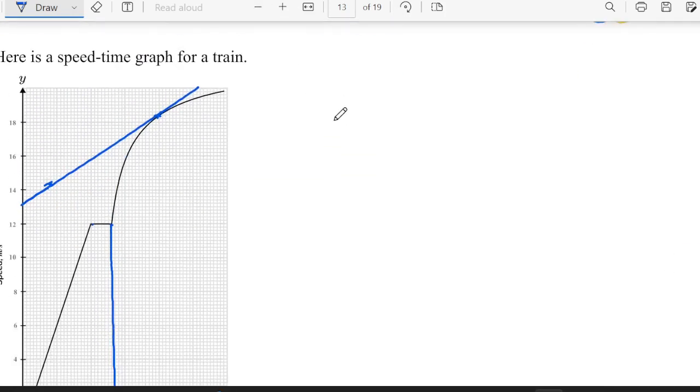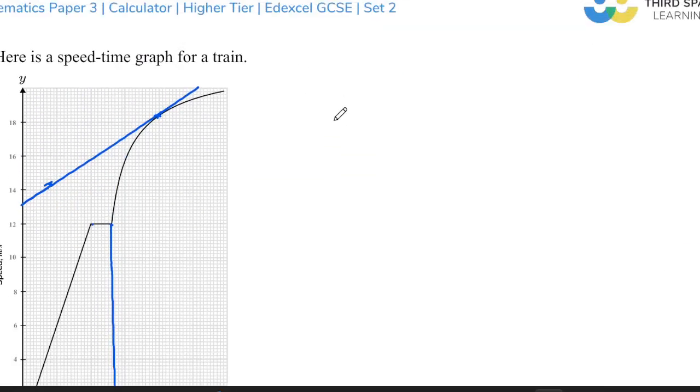So I want to work out the gradient of that curve. There will be a band of error on this, but I'm going to go as accurately as I can. The difference in y between there and there, it's not great because I've gone off the graph, but that's fine. So that top value there would have been 20 if we carried it on.